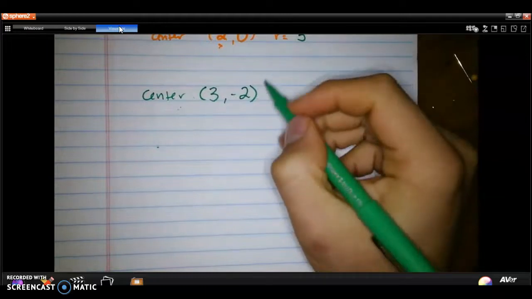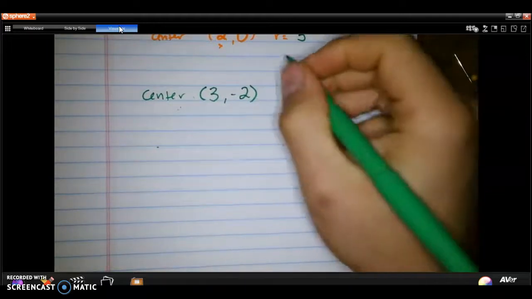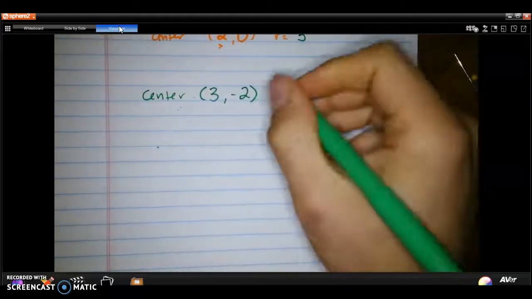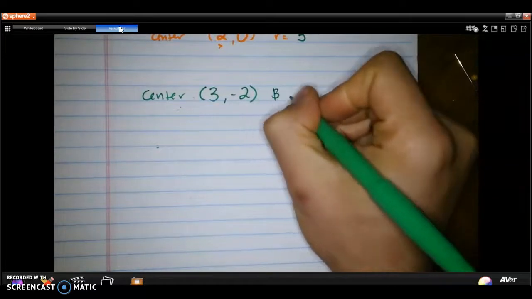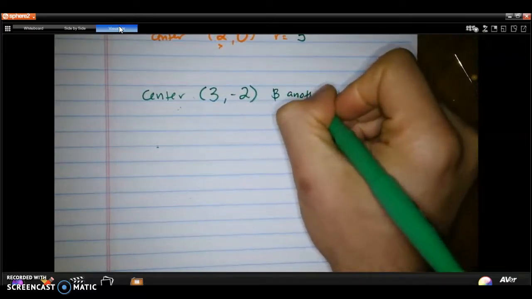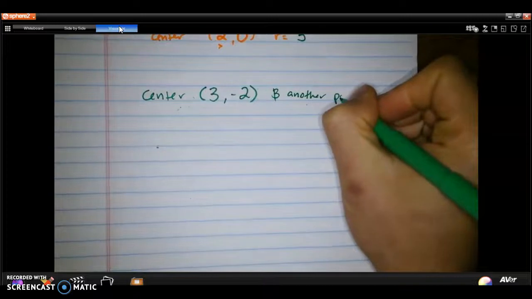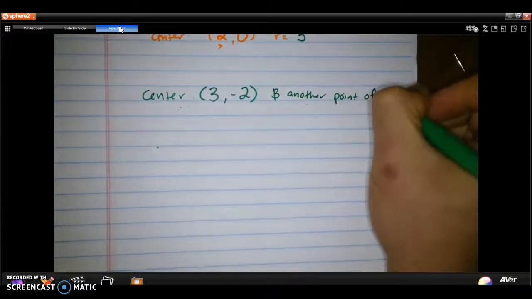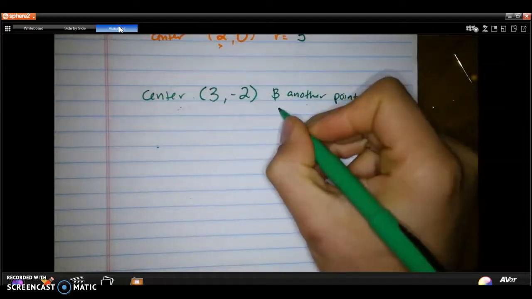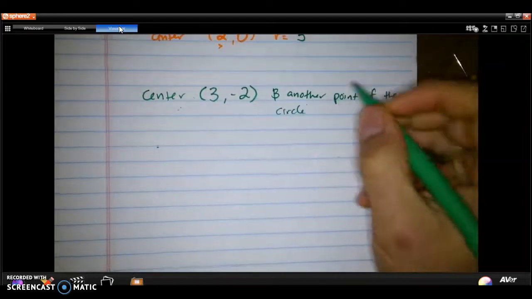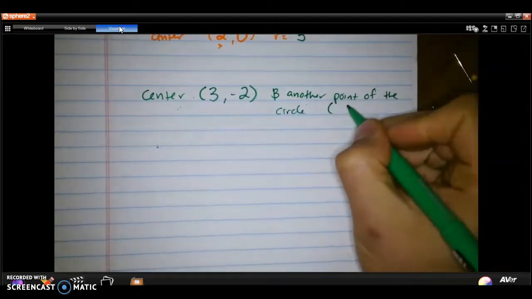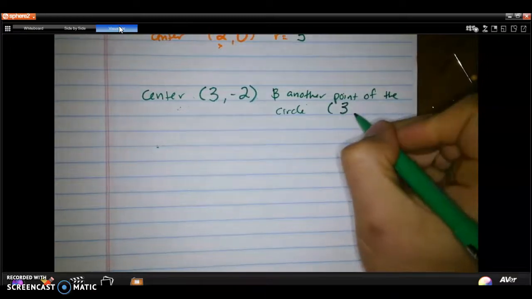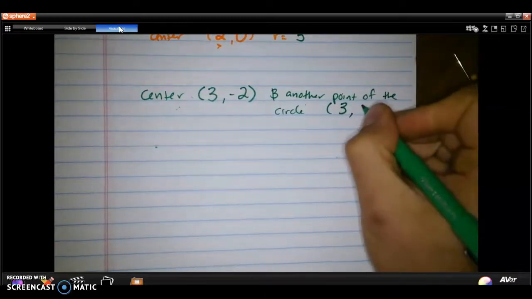And we don't know the radius. So we have a center of (3, -2), and a point on the circle is going to be (3, 0).